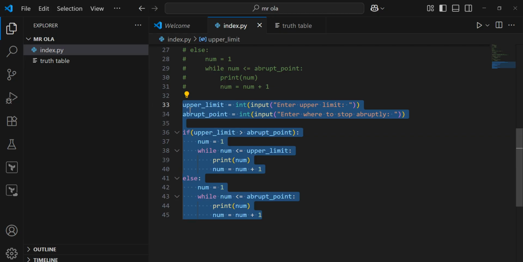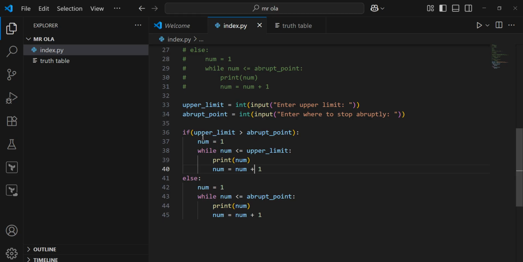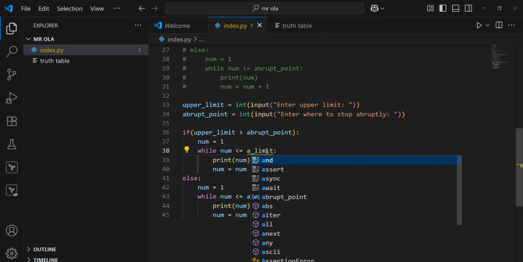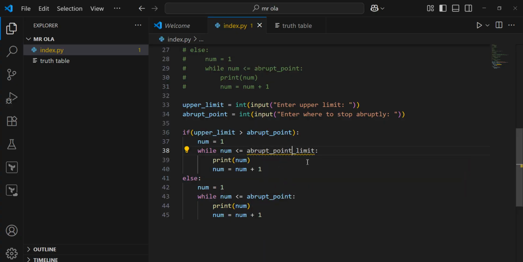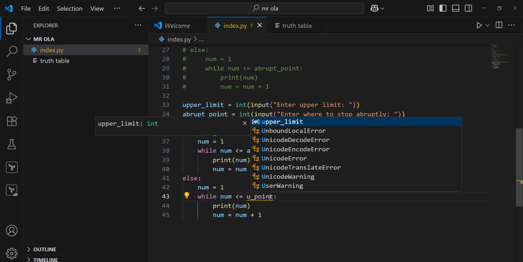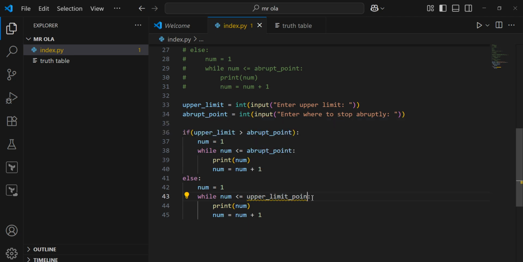So we just change this to if upper limit is greater than this, since the only difference is one maybe. We just change this to, and we change this to, so this will give us what we want.